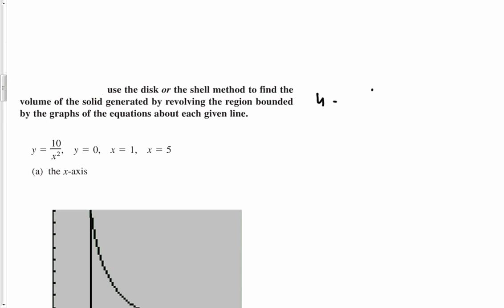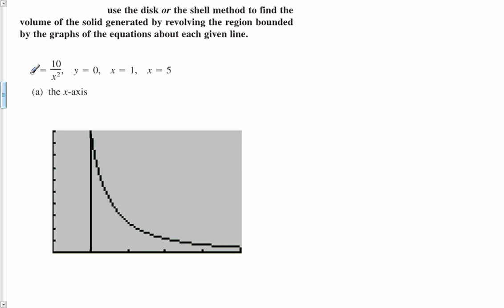All right. So we have these directions. Use the disk or shell method to find the volume of the solid generated by revolving the region bounded by the graphs of the equations about each given line. So we have first y equals 10 over x squared, which is this function here, which I got from the TI-83 calculator.